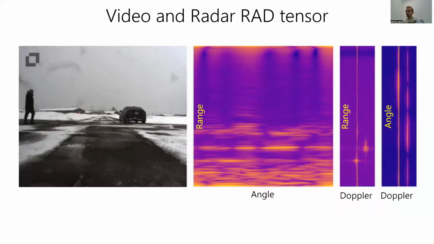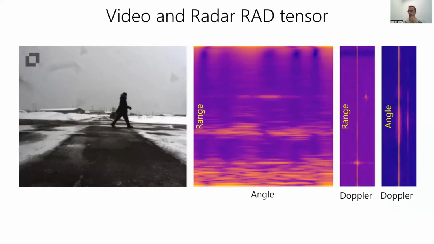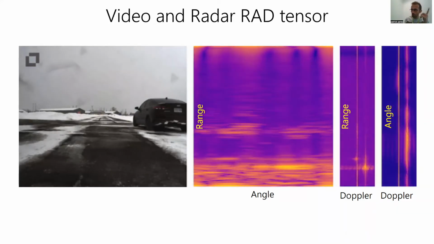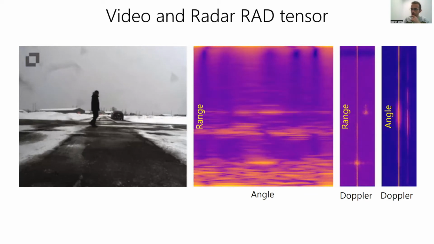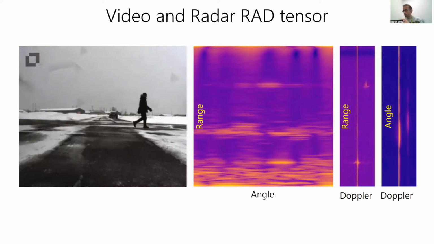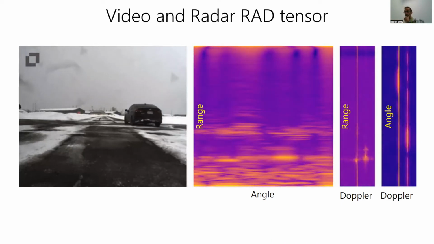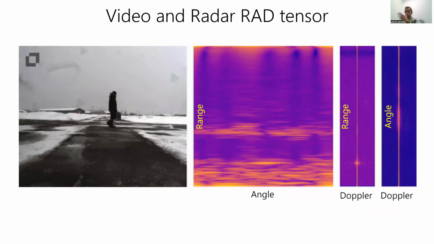Another example of this cross-modal annotation transfer is the following. I already showed this example earlier of this Valeo radar dataset, and you see the classic three views of the radar data with range, angle, and Doppler. And if you want to annotate that in the raw data, it's not very easy.